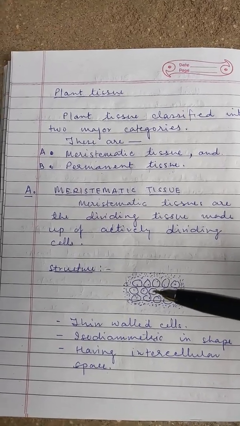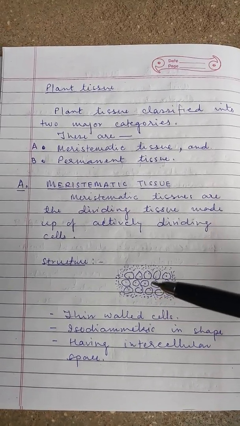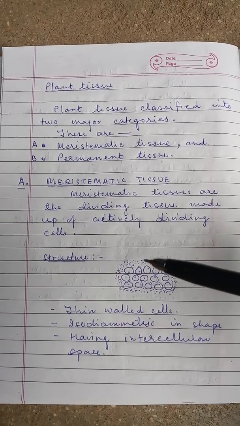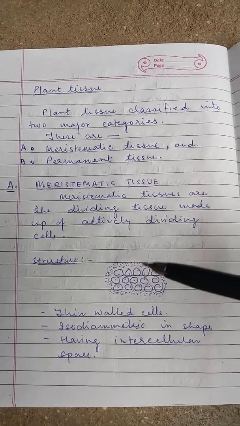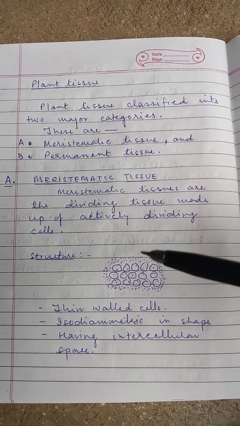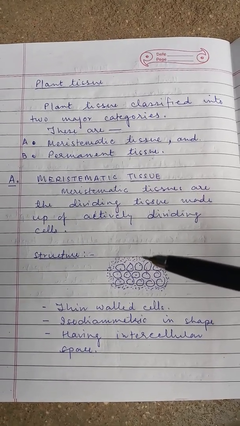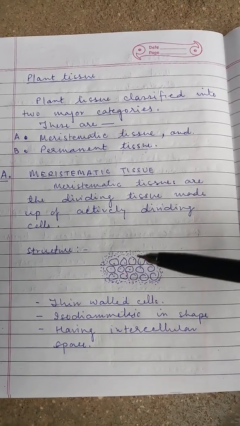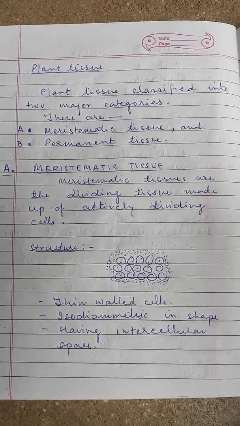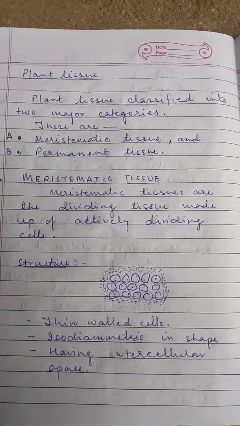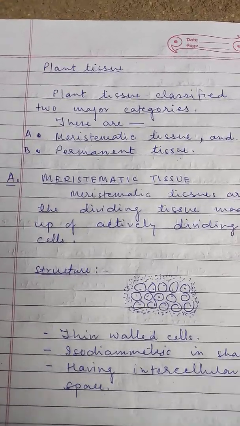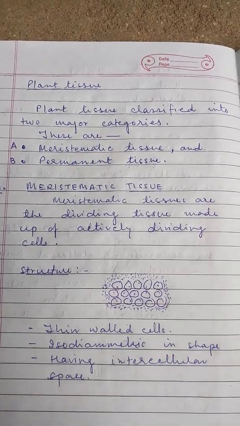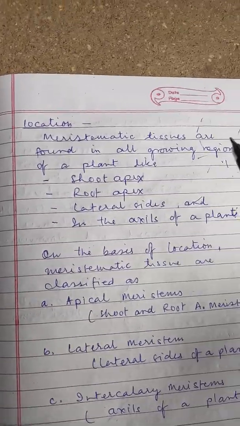And see the structure. Meristematic tissues have thin-walled cells. They are isodiametric in shape, meaning all the cells are more or less similar in shape. Having intercellular spaces means they have spaces in between the cells. So this is all about the structure of the meristematic tissue. Now see the location.